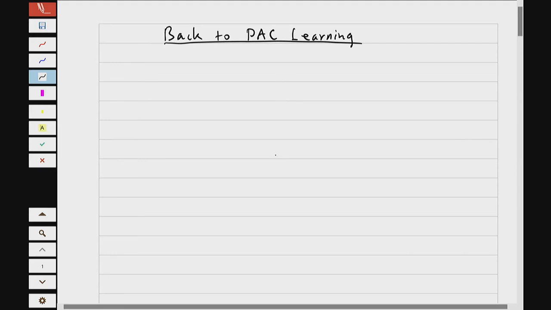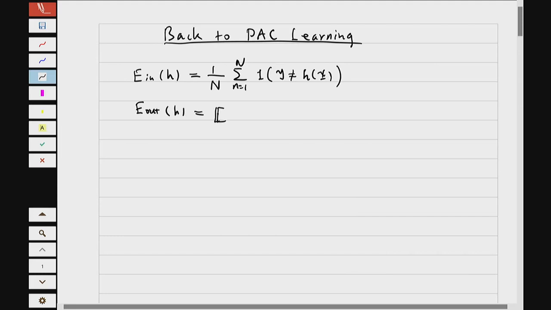Therefore our E in of any hypothesis H is a sample average of this indicator function. And our E out, our test error, is a statistical average or the true mean value, so it's the expected value of this error.